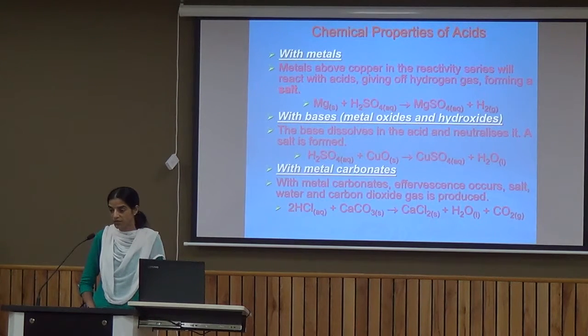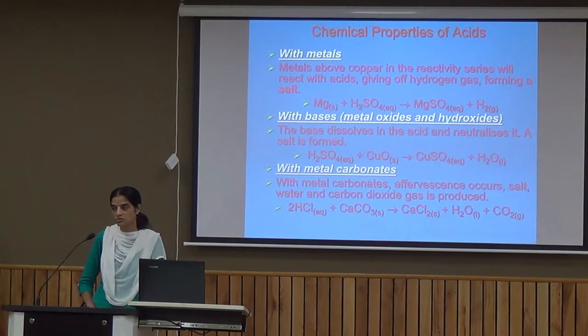When we try to identify this gas, we use lime water. Lime water turns milky with this gas, so we identify the gas formed as carbon dioxide, because the distinguishing test for carbon dioxide gas is that it reacts with lime water and turns it milky.